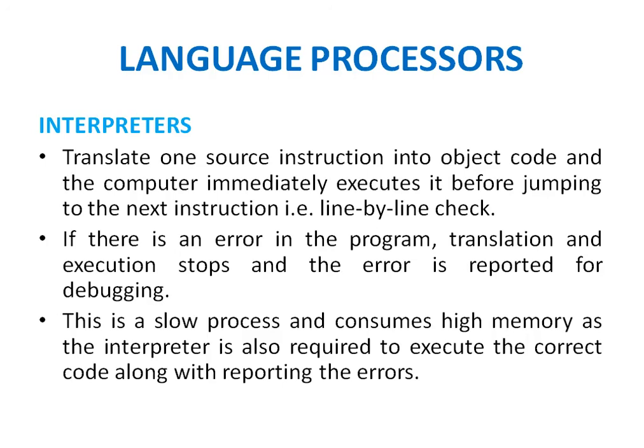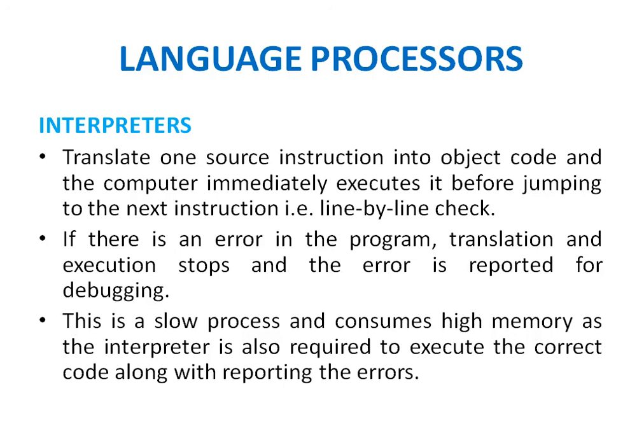If there is an error in the program, the translation and the execution stops at that point, and that error is reported for debugging. Now, what is debugging? So when we encounter an error, the interpreter gives a message that an error has been encountered, so we need to correct the error.